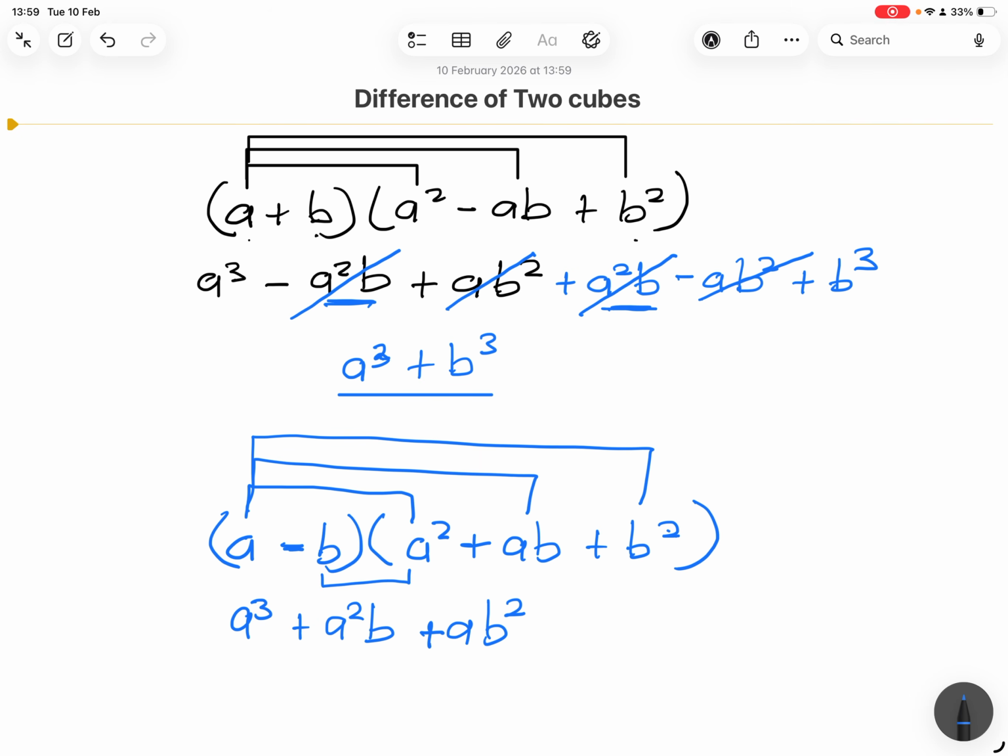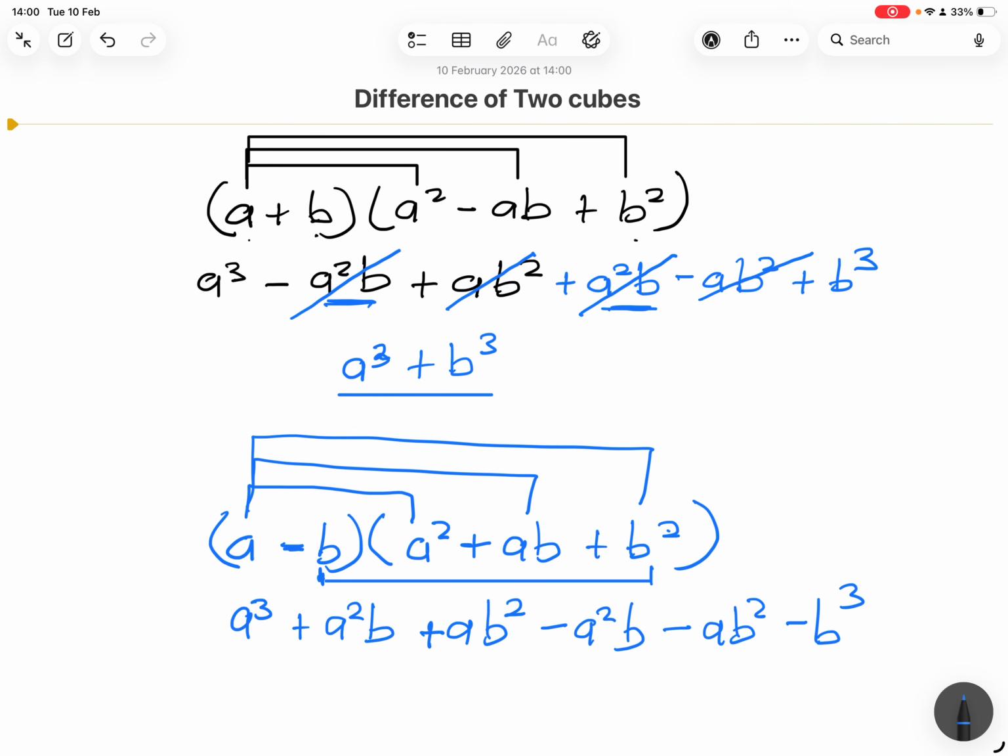So that's minus a squared b. Again, that's going to be minus ab squared. And finally, with that guy over there, that's going to be minus b cubed.